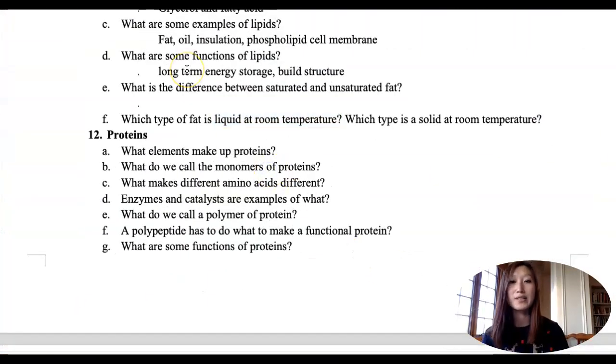So let's say butter, for example, will be an unsaturated fatty acid. No, I'm sorry, it will be a saturated fatty acid because they're able to pack all these fatty acids together and form this solid at room temperature. And olive oil, for example, will be unsaturated fatty acid.